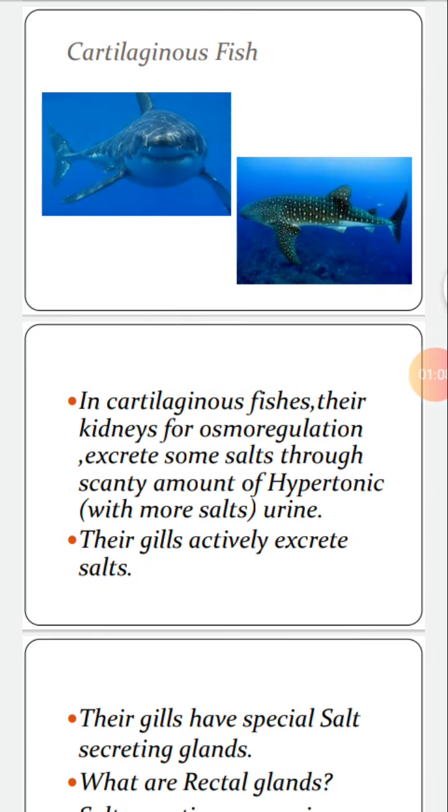In these fishes, the kidneys are used for osmoregulation, water and salt balance. They excrete some salts through a scanty, insufficient amount of hypertonic urine. What is hypertonic urine? When water leaves the urine, then it becomes concentrated. That is called hypertonic urine.